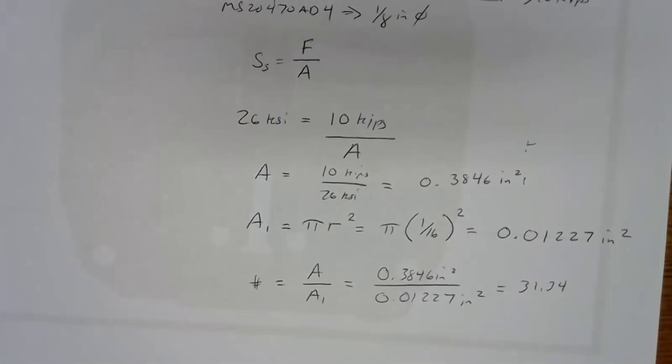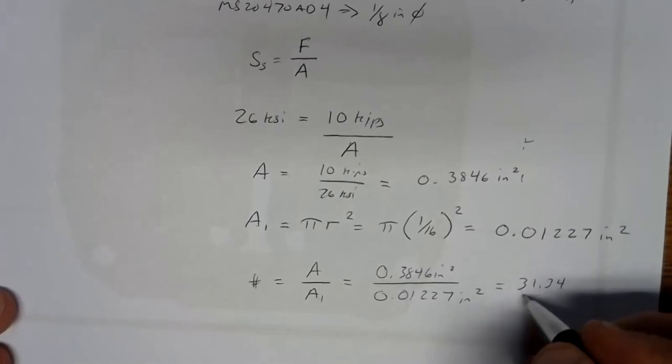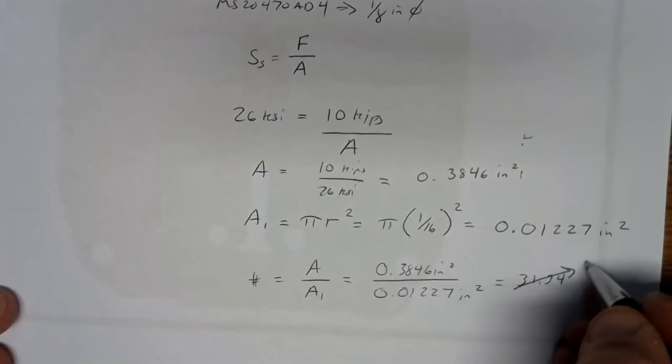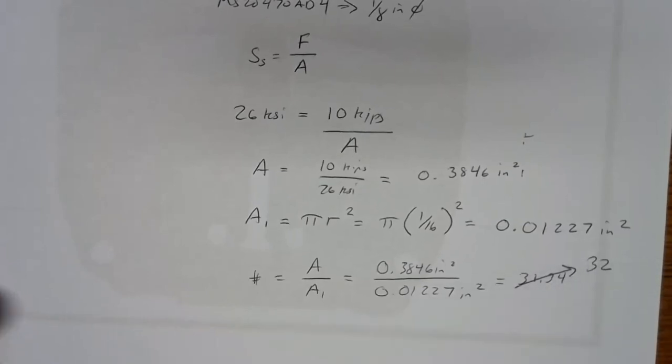We want to be underneath that ultimate shear strength. So we would not say 31.34, we'd say 32. Going up to 32 is safe because it gives us a little more area, which brings our stress down a little bit below our shear strength.